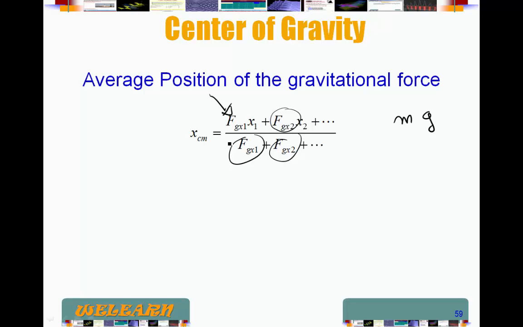So in general, the center of gravity and center of mass are the same. Let me correct. At the surface of the Earth, the center of mass and center of gravity are essentially the same. However, when you start talking of gravitational scales, this does not hold anymore.